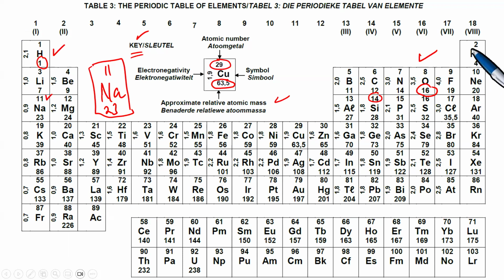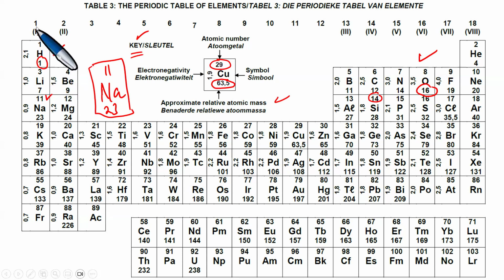The halogens, we can see them: fluorine, chlorine, bromine, iodine, and astatine. You can see them sitting in group 7 of the periodic table. In group 6, you have oxygen, sulfur, selenium, and so on. In group 5 you have nitrogen, phosphorus, and so on.